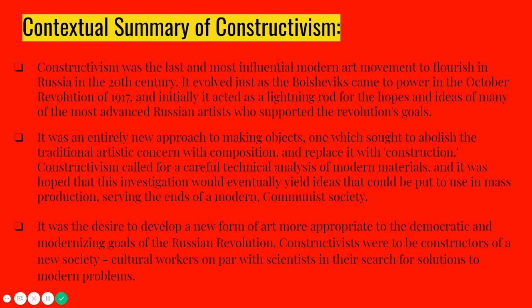So we have a fall of the monarchy and a rise to this kind of socialist government. And so it really gave new hope and the opportunity for new ideas, and these artists, they were on board with it. And so how do they take these new perspectives and philosophies and apply it to art?